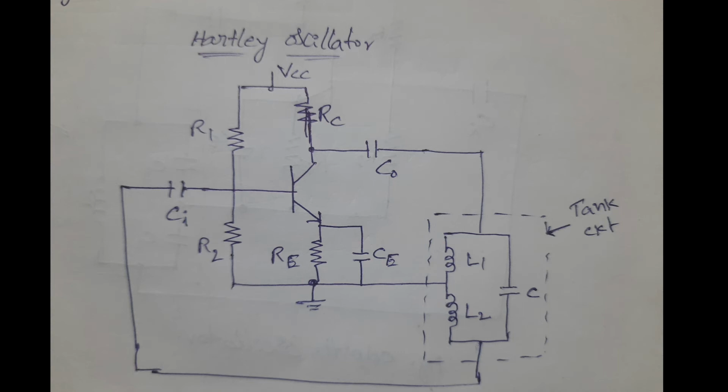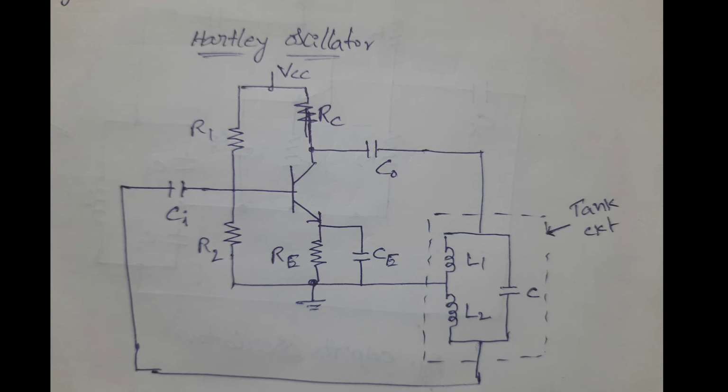Thus, one can conclude that the output of the amplifier is in phase with the tank circuit's voltage and supplies back the energy lost by it, while the energy fed back to the amplifier circuit will be out of phase by 180 degrees.